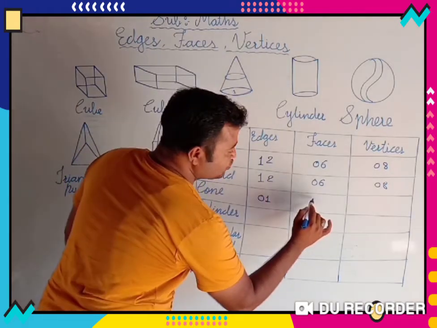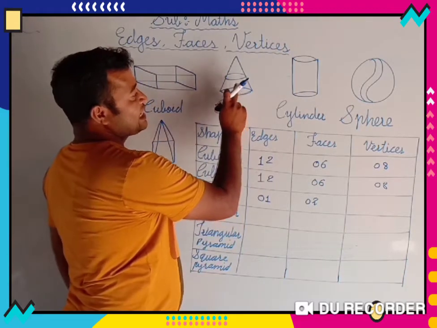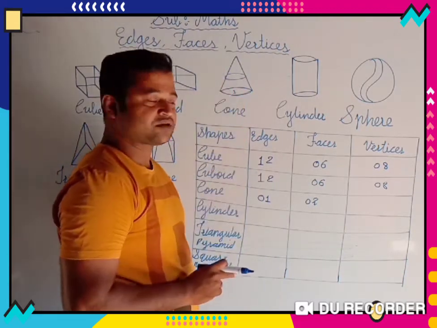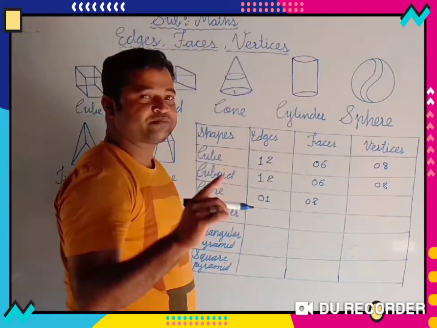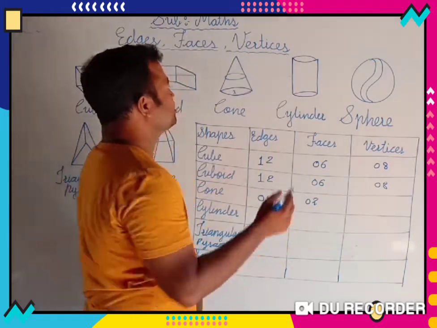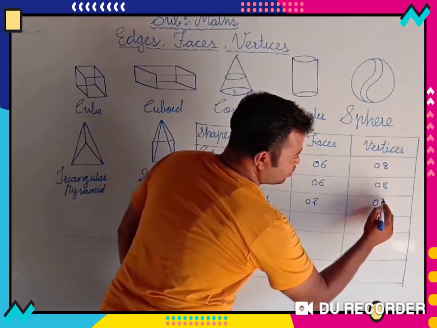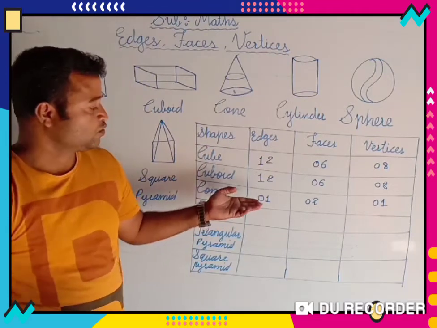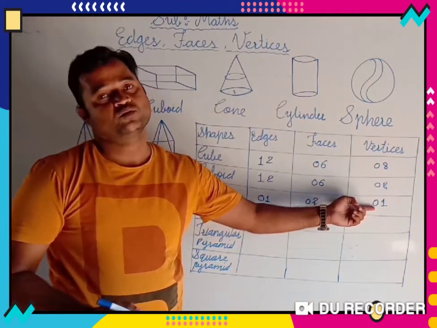One is a flat face and another is a circular face. And the number of vertices: vertices is the plural form, the singular form is vertex. It has only one vertex. So in a cone we have one edge, 2 faces and one vertex.